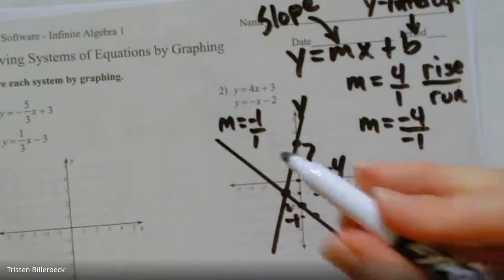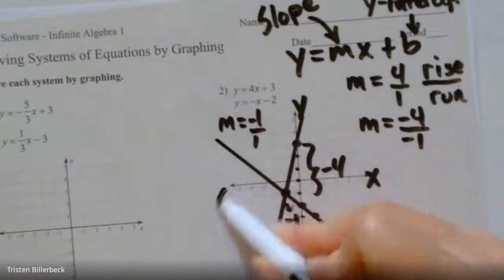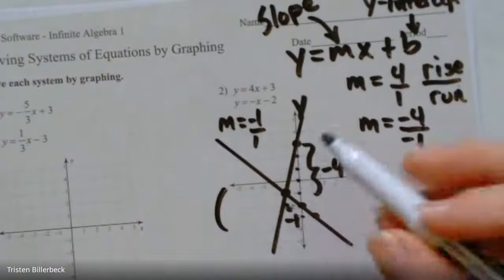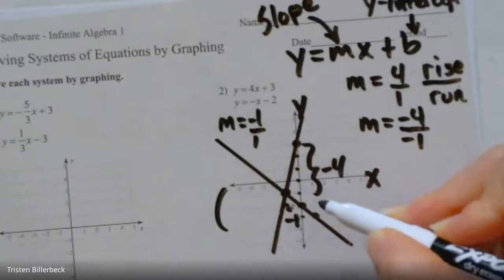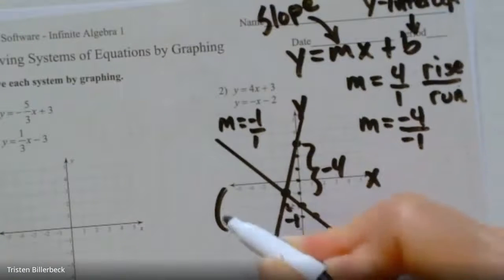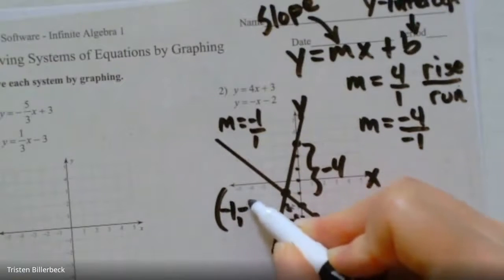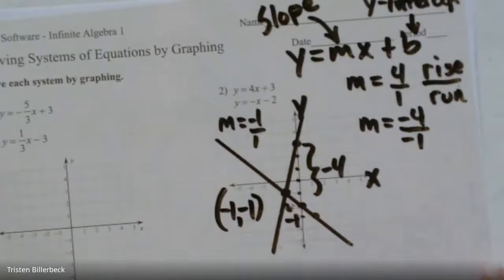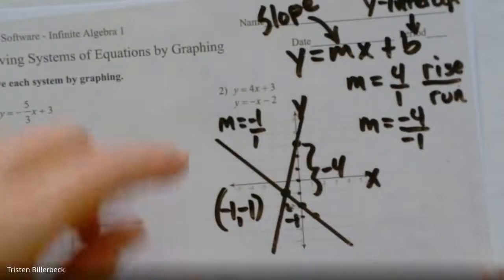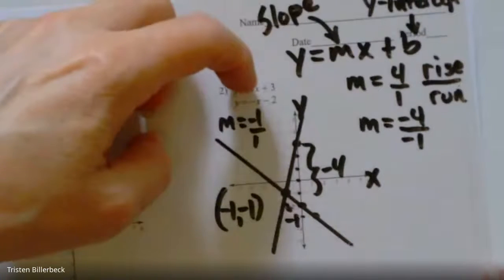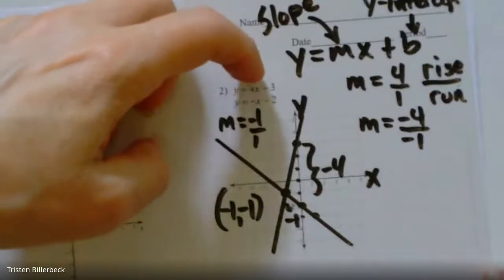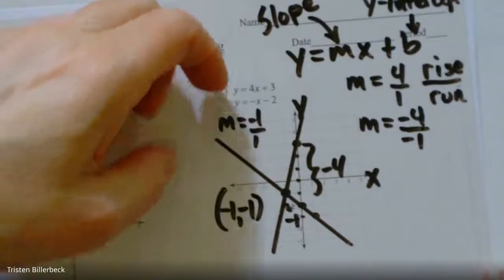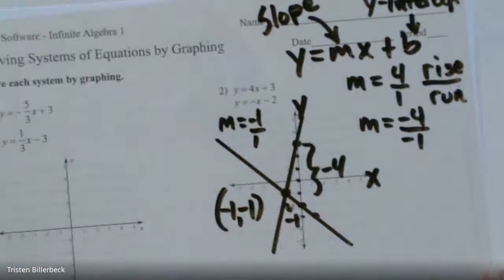All right, so the solution then is right here. It looks like -1 and -1. Okay, if we drew our lines nicely, it's -1, -1. So we can check it really quickly. 4 times -1 is -4, plus 3 is -1. -1 times 1 is -1, minus 2 is -1. So that checks. So that's the intersection.